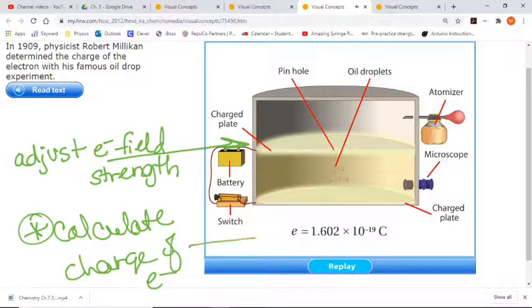He could calculate the charge of the electron, and there's the value. That capital C is coulombs, which is what they were talking about, the charge of an electron.